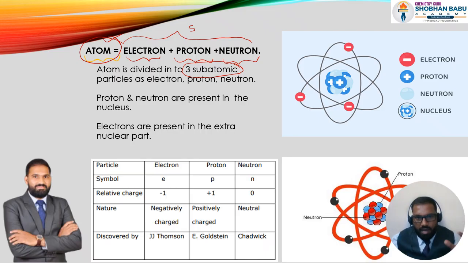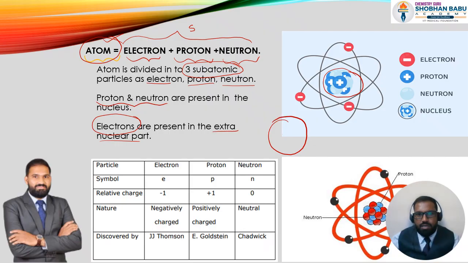When you divide the atom, it is divided into three parts: the electron, proton and neutron. Among these three, the protons and neutrons are present in the nucleus, and electrons are present in the extranuclear part. When you divide the atom, the center of the atom is called the nucleus.